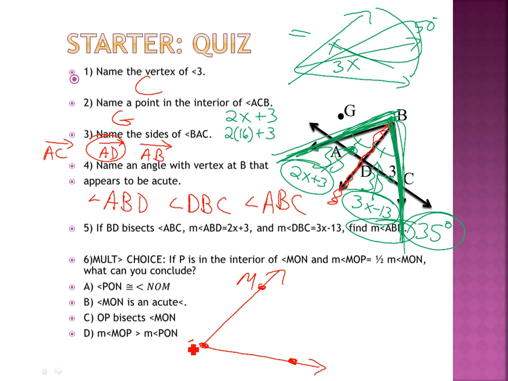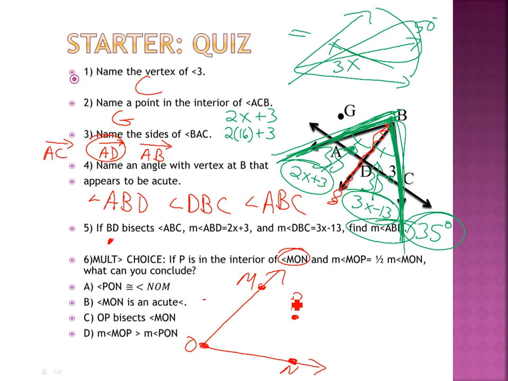N. Everybody know where we got that from? Where's point P at? On the interior, inside. Somewhere in here, right? I don't know where, they didn't tell us, we'll put it in there anyway. Point P is on the interior of angle MON, so we got that part.